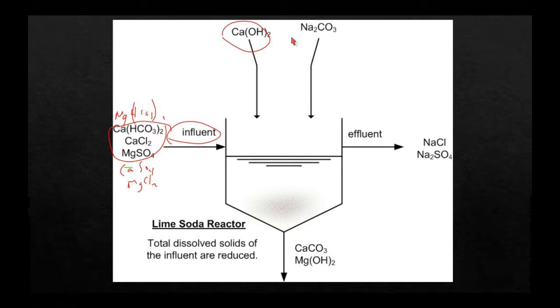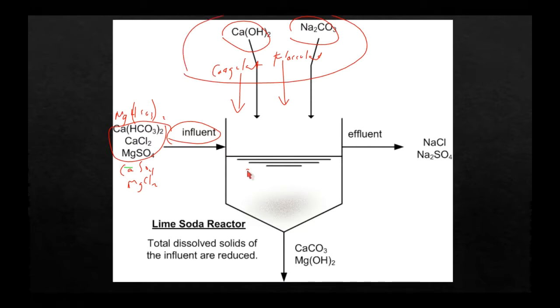The chemicals we add are lime and sodium carbonate, and we can also add maybe a couple more that we should list: a coagulant and a flocculant. Okay, so those are the four chemical inputs. We get precipitation going on in there due to the calcium hydroxide and sodium carbonate and their tiny little charged particles.